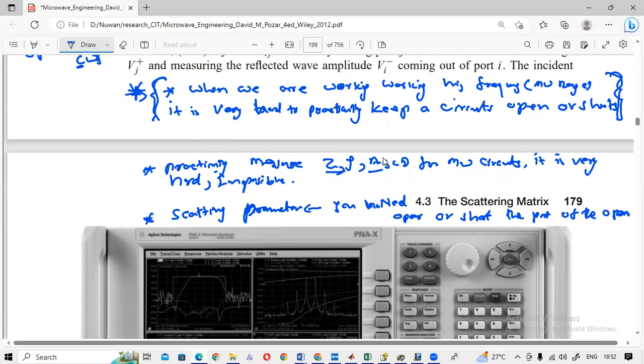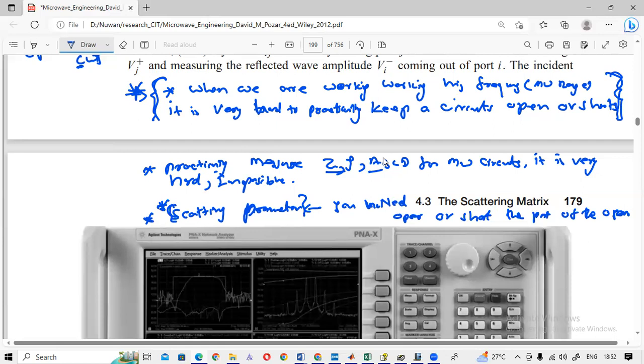The port should not be open or short circuited. So these scattering parameters are very important for microwave circuits, because we can practically measure them.